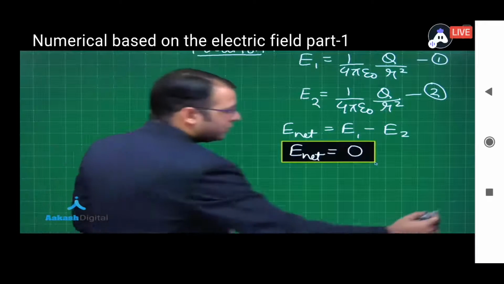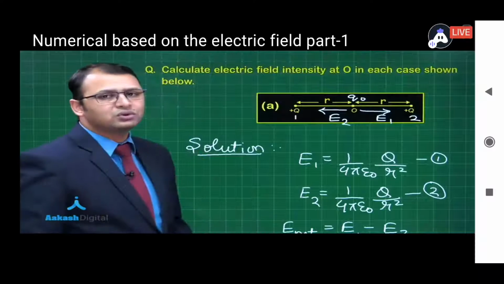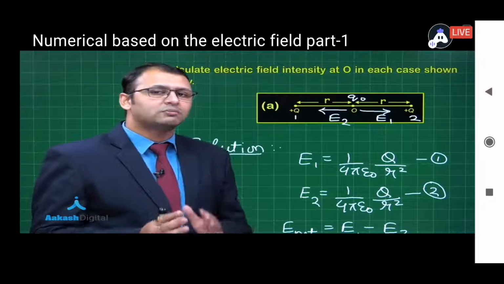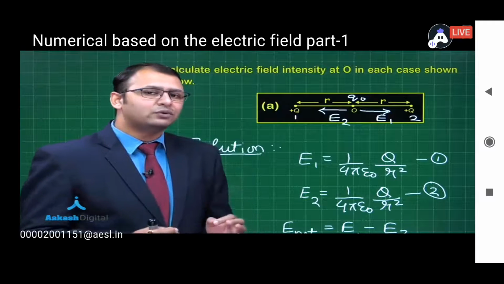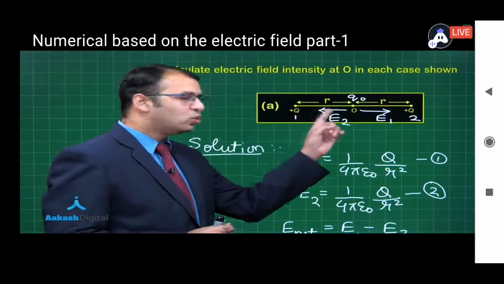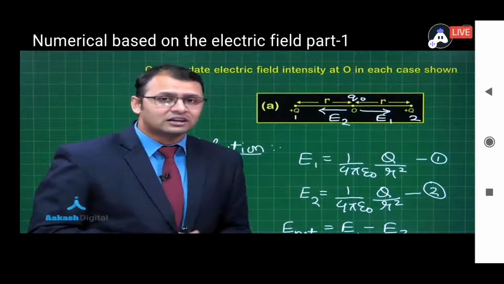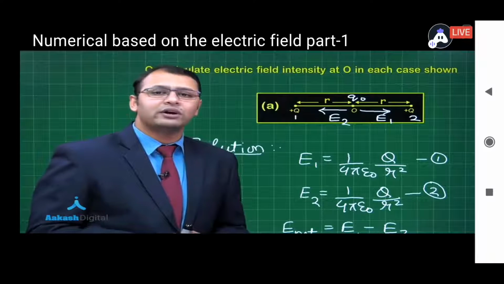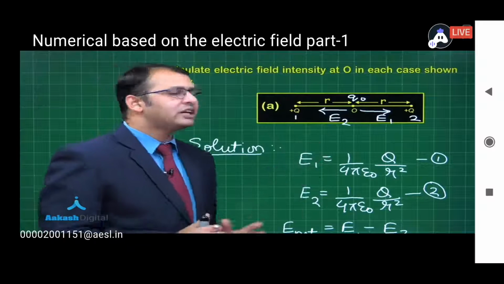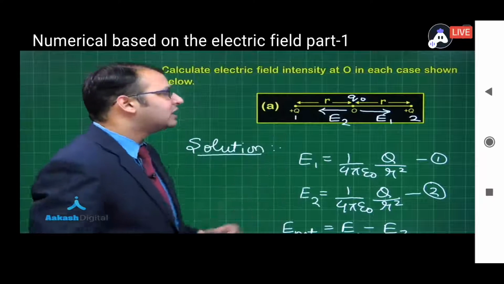In the previous cases, we understood the same thing for force: whenever there is a symmetrical distribution across a point, the net force on the point would be 0. So here the point O is lying at the symmetrical center of the two charges. This is the key point where you should directly conclude that the net force at O will be 0, right? Let's move ahead with a similar kind of question.